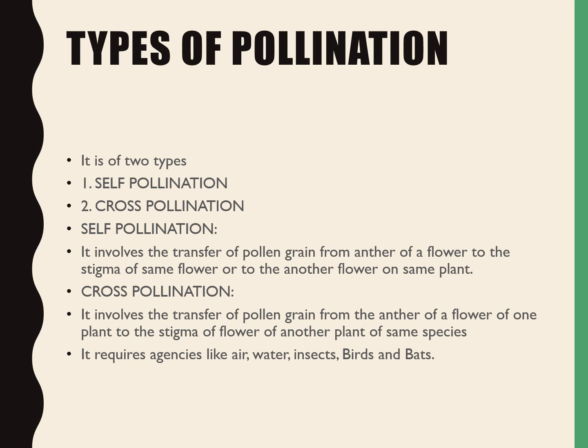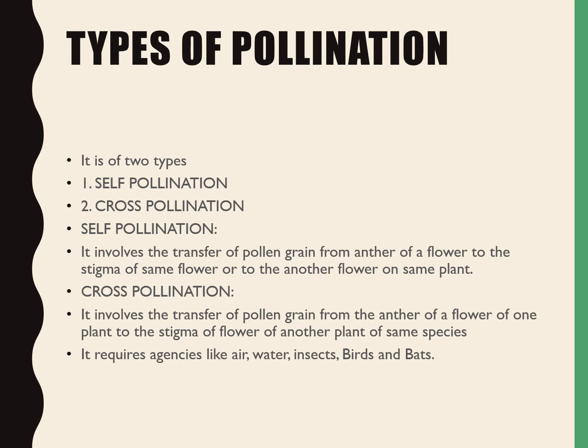This is called self pollination. In contrast, cross pollination involves the transfer of pollen grain from the anther of a flower to the stigma of another flower present on another plant, but the species is the same. This type of pollination requires agencies like wind, water, insects, birds, or bats.